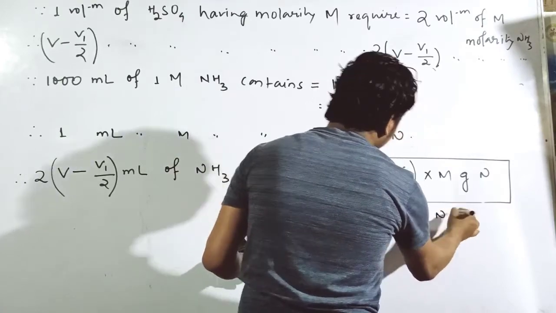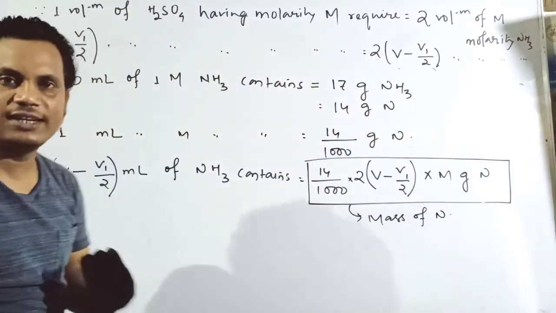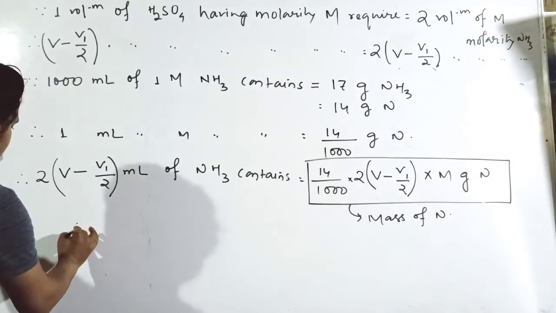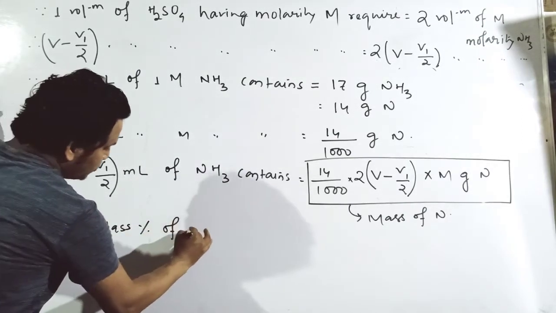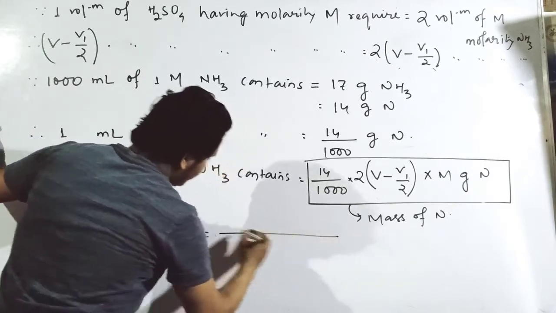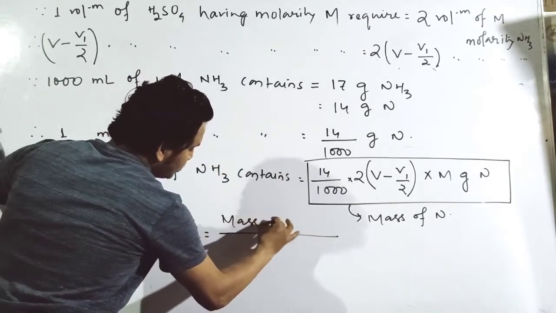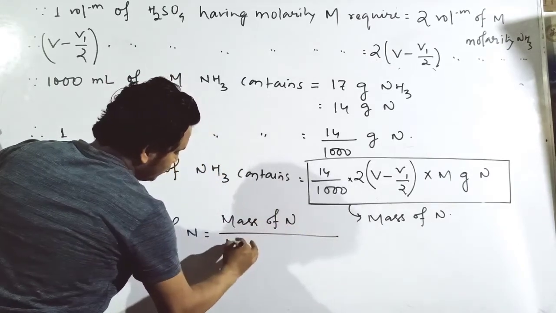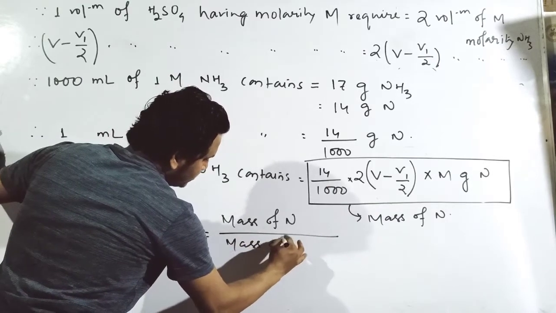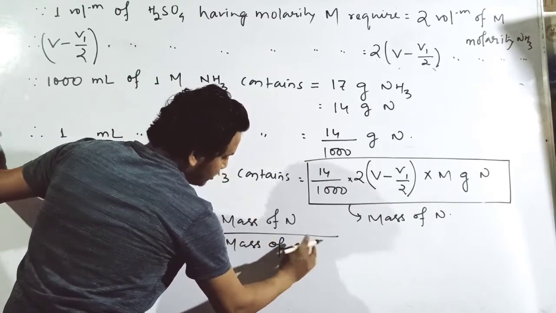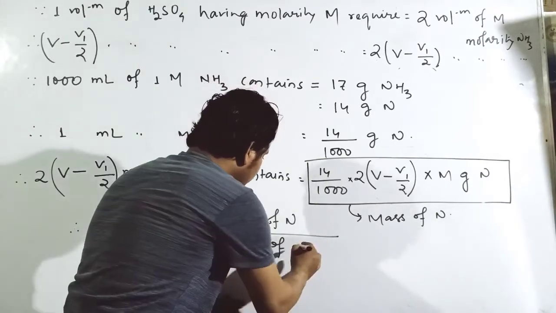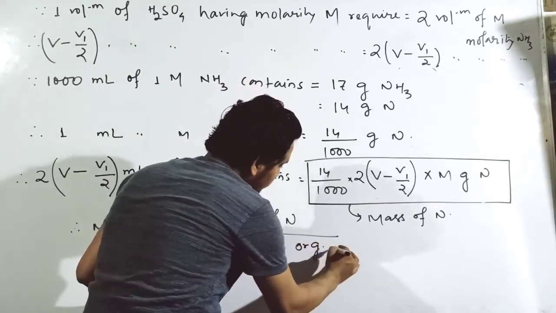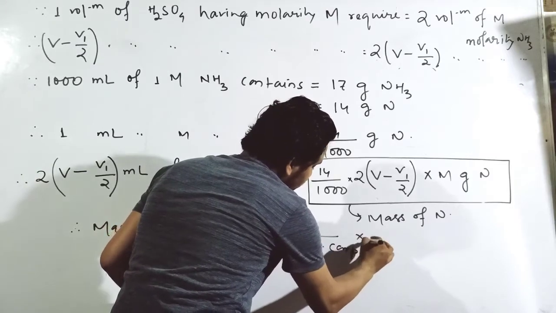Now what we require is the mass percentage of nitrogen. Therefore the mass percentage of nitrogen will be how much? By formula, mass of nitrogen by mass of organic compound into 100.